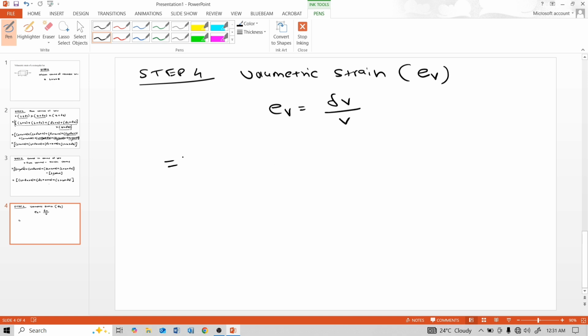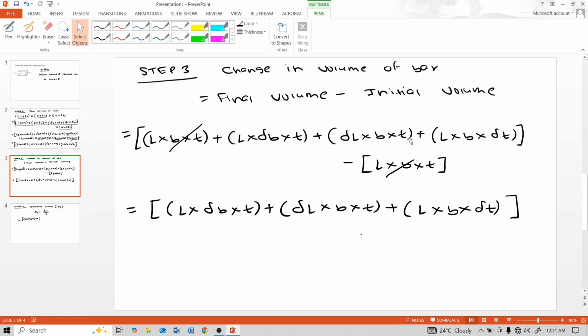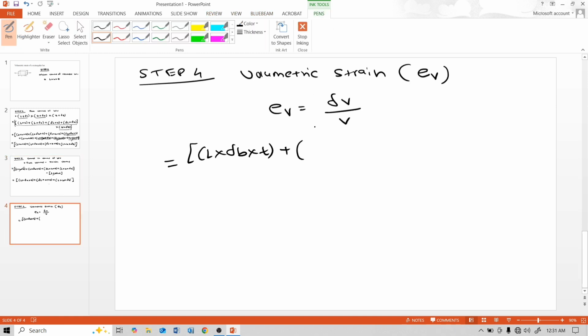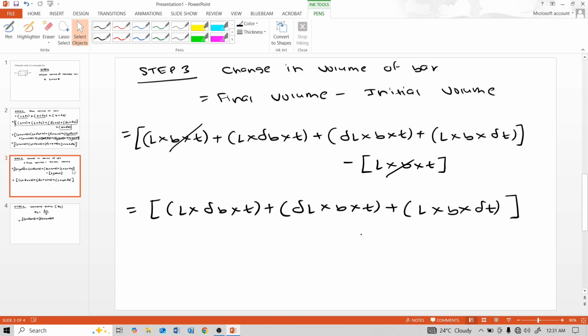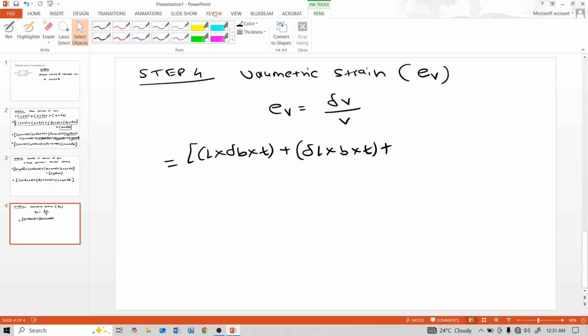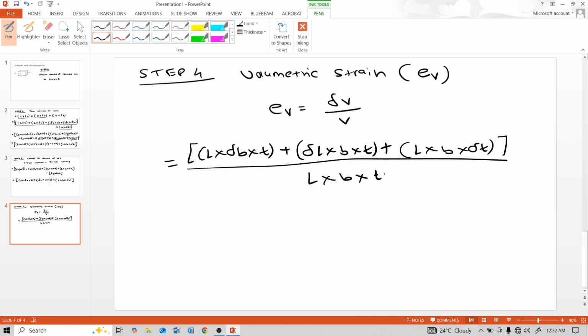Our change in volume we calculated in step 3: L into delta B into T, delta L into B into T, L into B into delta T, and our original volume is length into breadth into thickness.